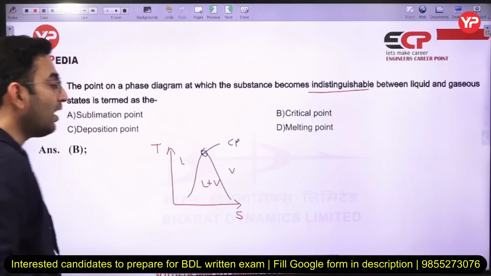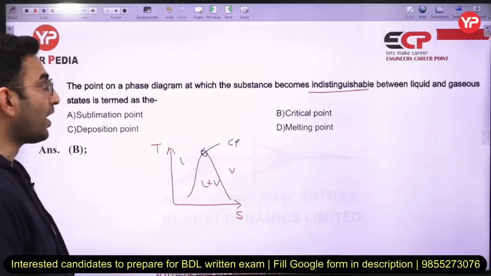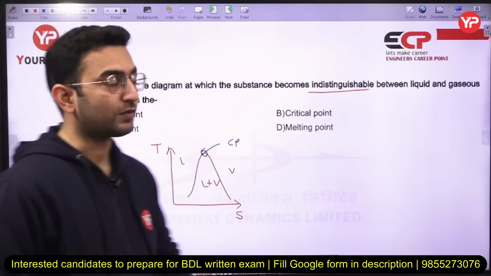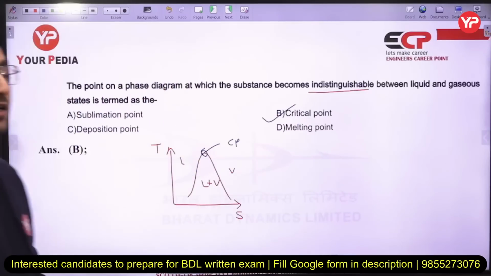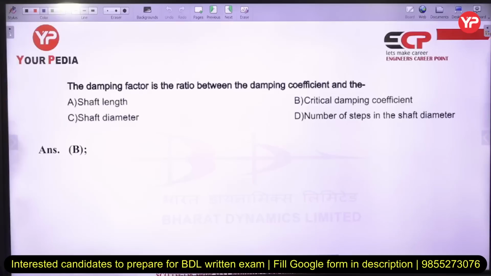Above the critical point the liquid directly flashes into the corresponding vapor state, and it becomes very difficult to distinguish the liquid from the gaseous phase. So the critical point, option number B, is going to be the correct answer of this question.